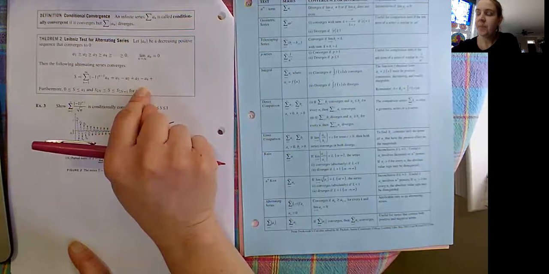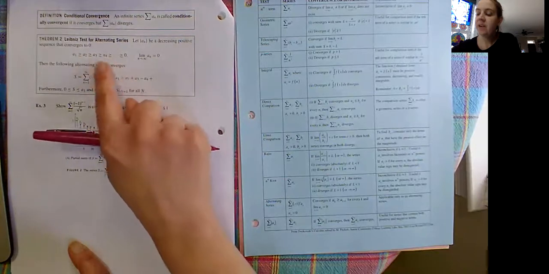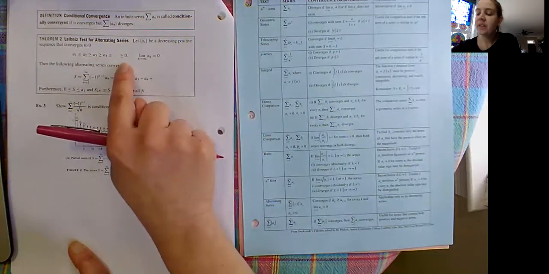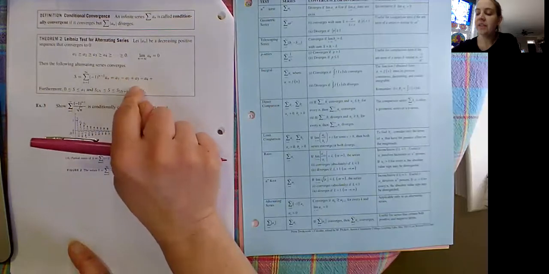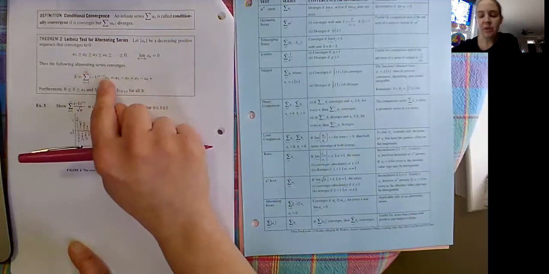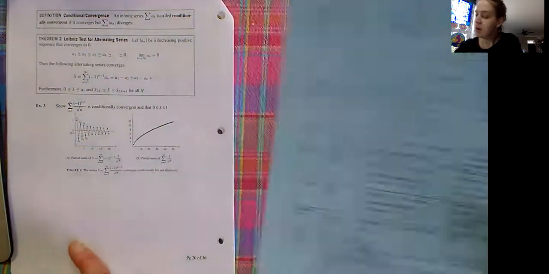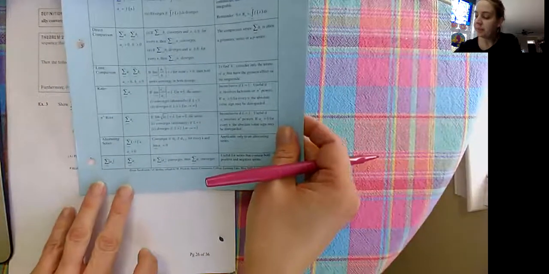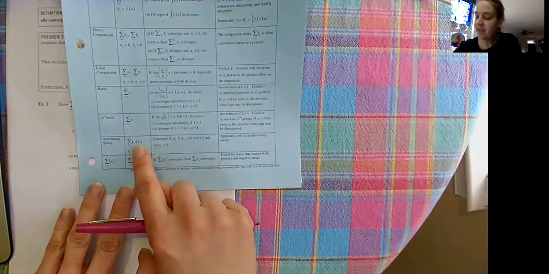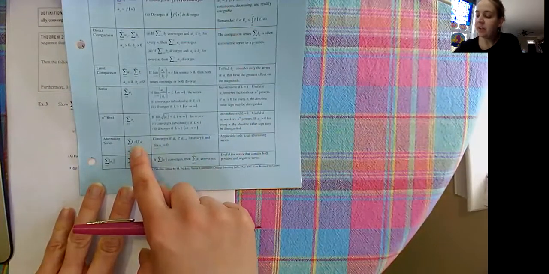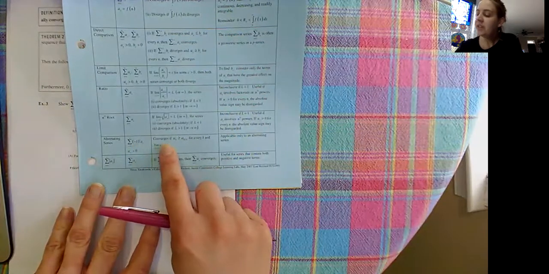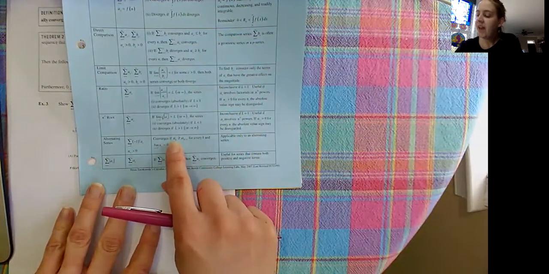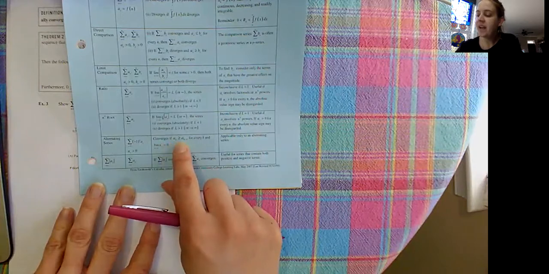Yeah, that's a mouthful. So if you have these terms that are positive, decreasing, and converge to 0, and then you change the signs, this is called an alternating series. That alternating series will also converge. I think this is a little bit more clear. Maybe, maybe not. This (-1)^n, that's the piece that makes it alternating. I know I've mentioned that in class before. It converges if a sub k is greater than a sub k plus 1.